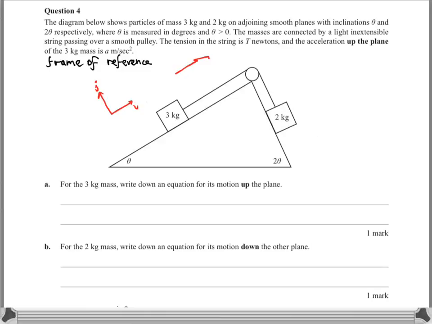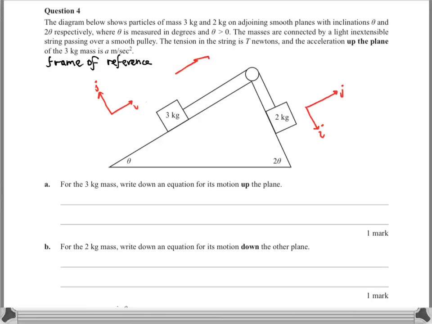Because the accelerations are equal, it doesn't matter that we have two different frames of reference. It's more convenient to have two different frames of reference for formulating our equations of motion, but it's not going to have an impact on our final result for acceleration, because we know the acceleration of the two masses is equivalent.